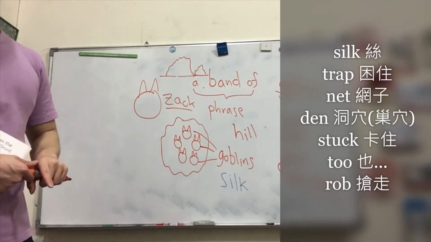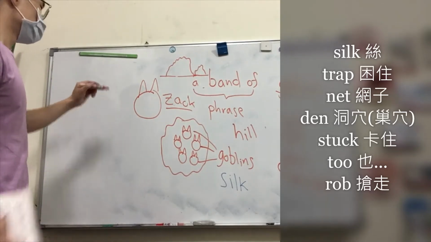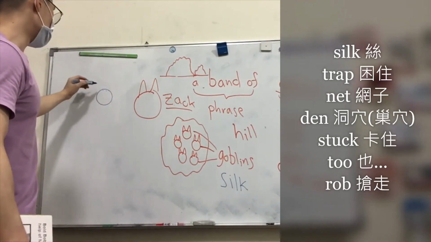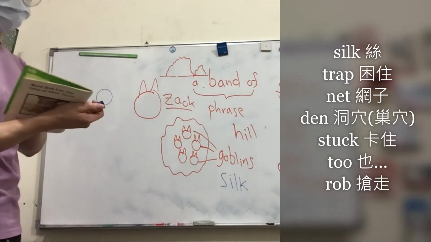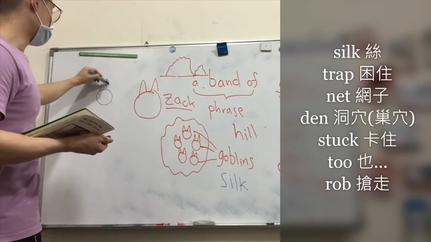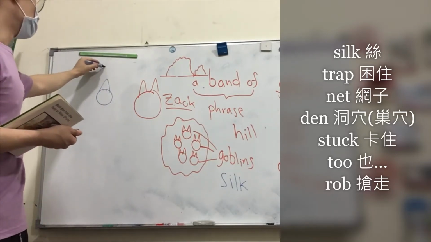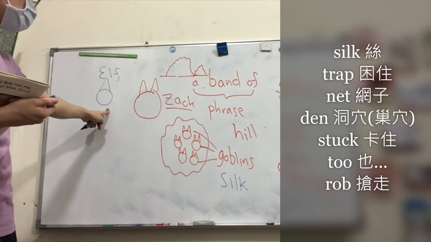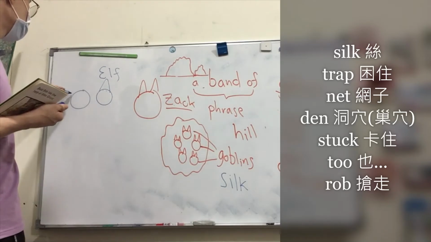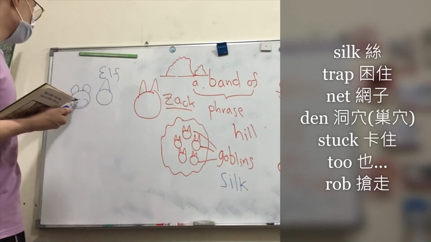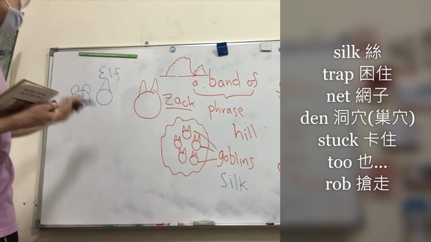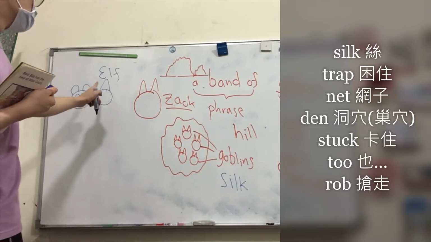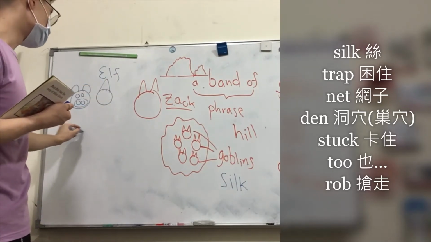So in order to stop them, we have another group of people. That is, we have the elf. How do you draw an elf? Okay, I'll draw it like that. We have the elf named Bold Bob. We also have the pig named Miss Grunt. So Bold Bob, the elf, he's got a net.